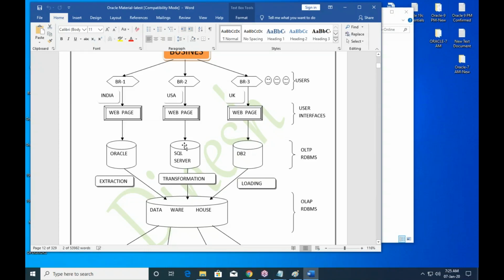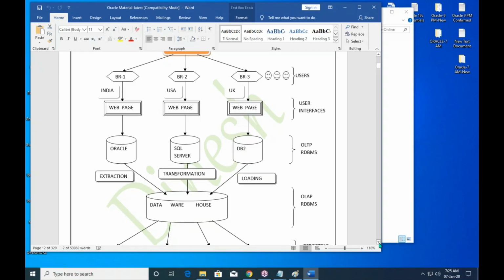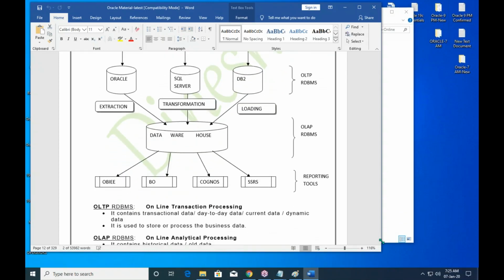So we should not maintain all the data in one place. Always we have to organize the data. So what is the solution for this? Generally, 99% of businesses maintain data periodically.